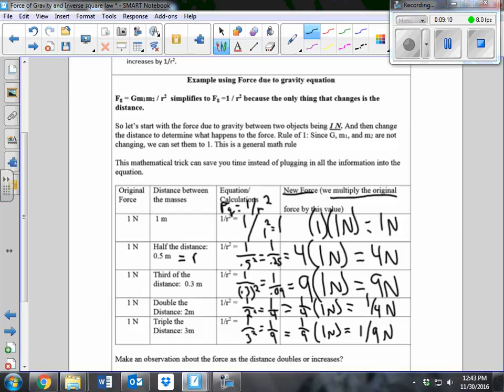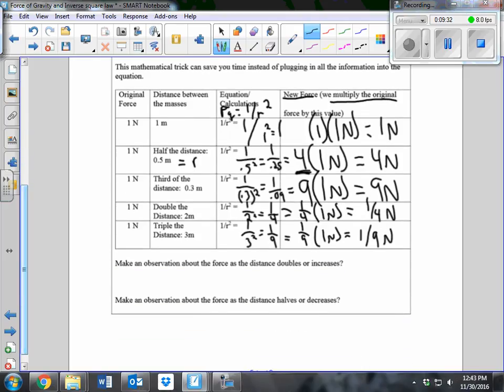What's the new force? Well, in this case, if you look at your notes and your charts, I half my distance. My original force was 4. And if my original force was 4 and I half my distance, that means that my force quadruples. So 4 times 4, my new force is 16 newtons.